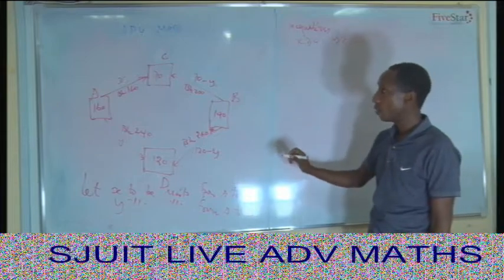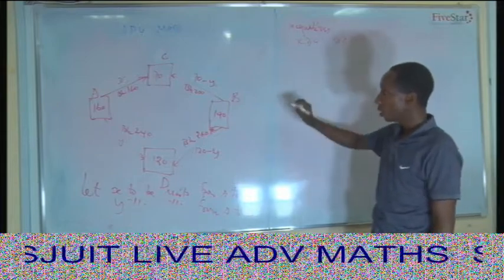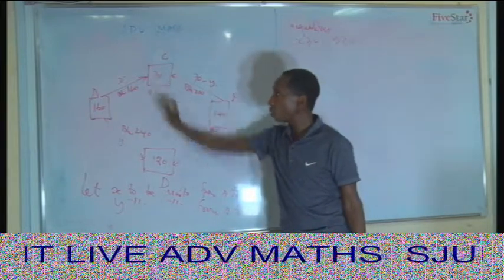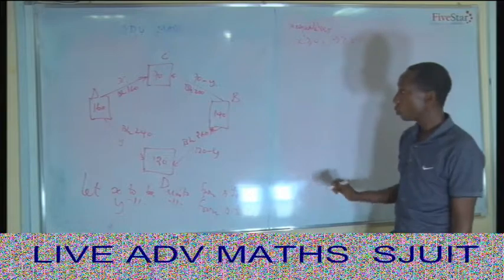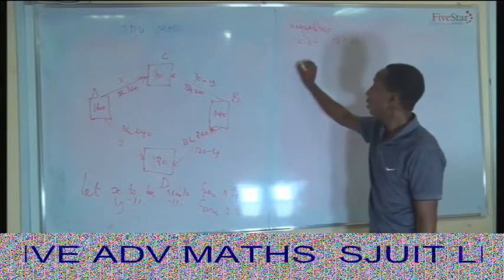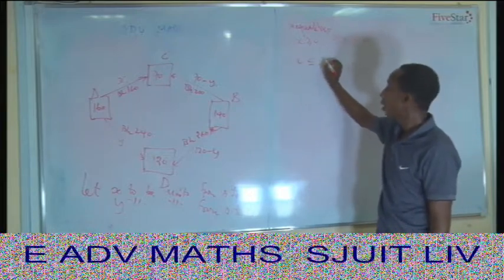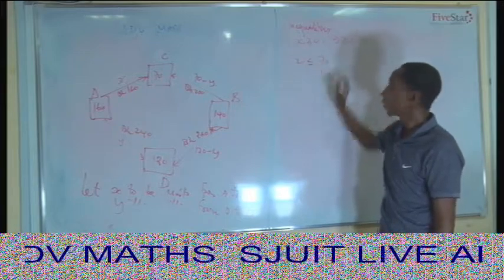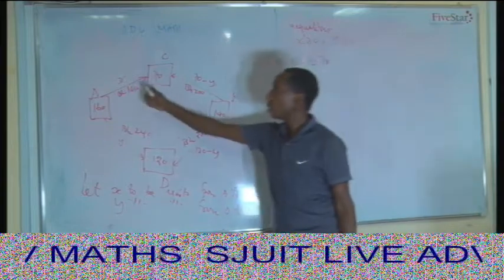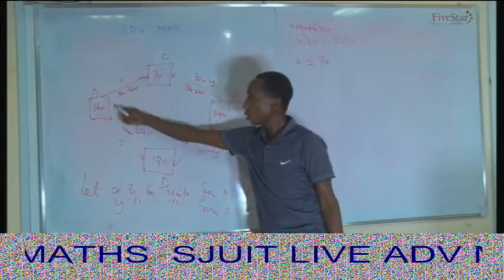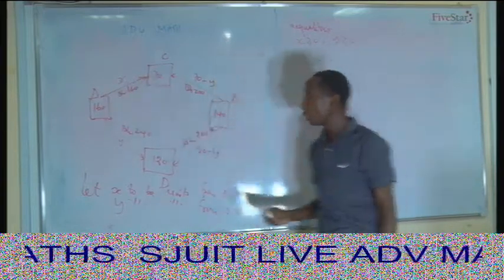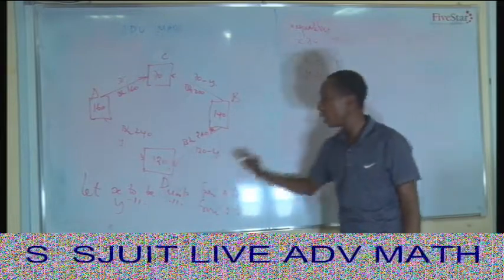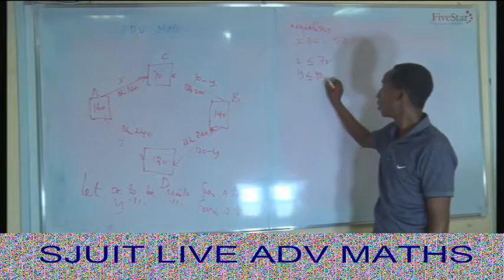So x, which is the unit transported from A to C, should be less or equal to 70, which means it should not exceed 70, and y also should not exceed the total unit which is required here, which is 120.